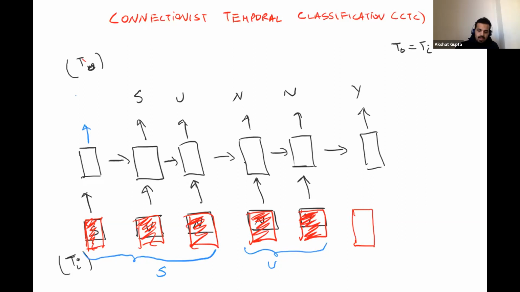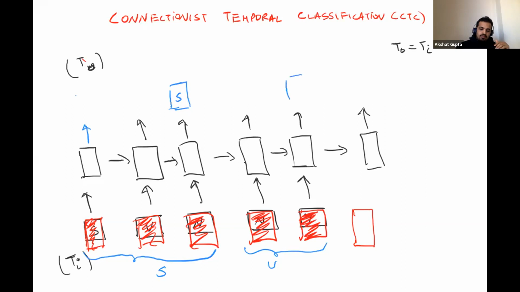So ideally, what we'd want is that somebody who's labeling for us is able to label in such a way that at the end of three frames of input of speech, they're able to tell us that at the third frame, I've completed the sound for the letter S, and that's when the prediction S should come out.